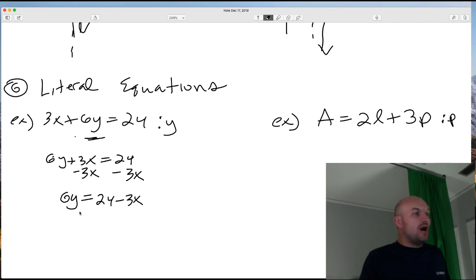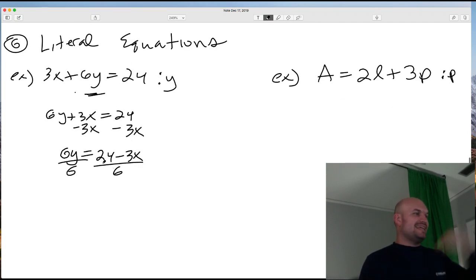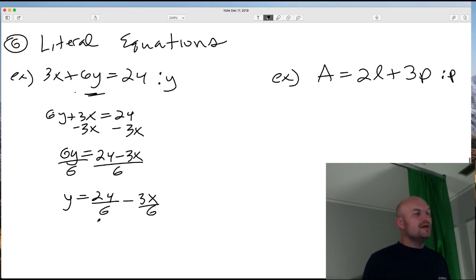Now, to undo multiplying by 6, we're going to divide by 6. Now again, in this case, the 6 is going to divide evenly into the 24, but it doesn't divide evenly into negative 3x, so we're just going to simplify that fraction. Sometimes you'll see these answers, and I think this is where a lot of students get confused: where does this answer come from? Well, 6 evenly goes into 24. That's going to be 4 times.